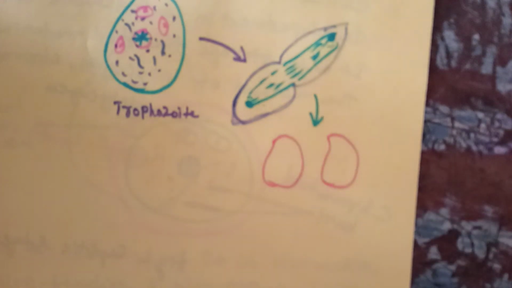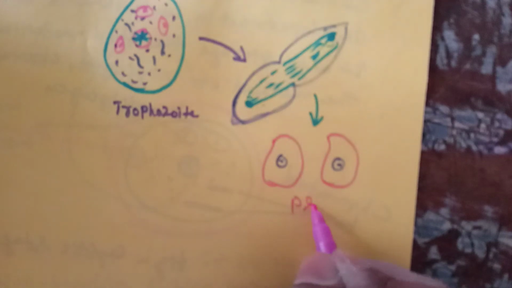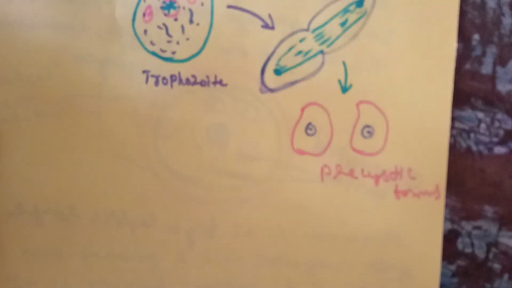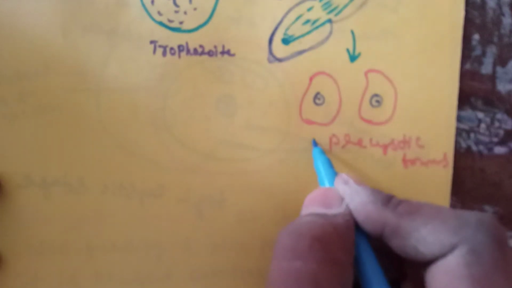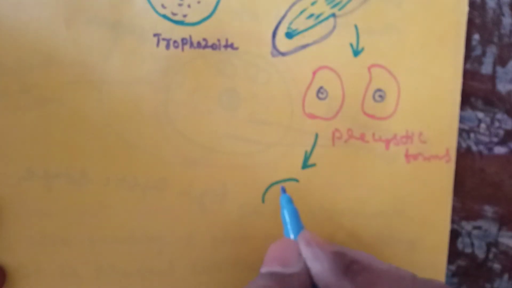These are called precystic forms. In unfavorable conditions, as you already know about the precystic form, a cyst develops around its body.